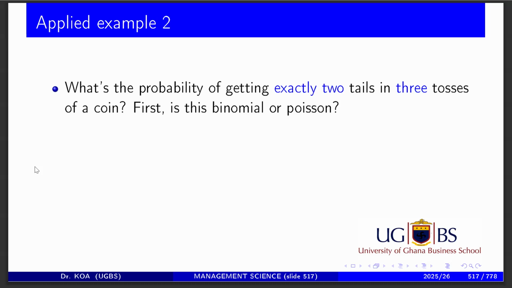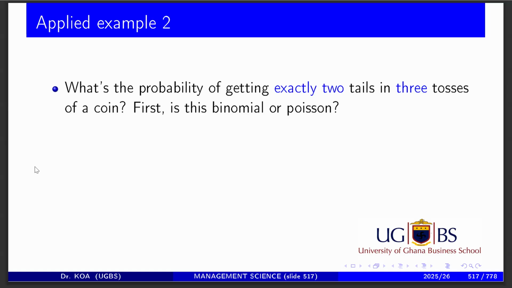Whether it's binomial or Poisson? That is binomial. Okay. Why? Which word? What makes it binomial?